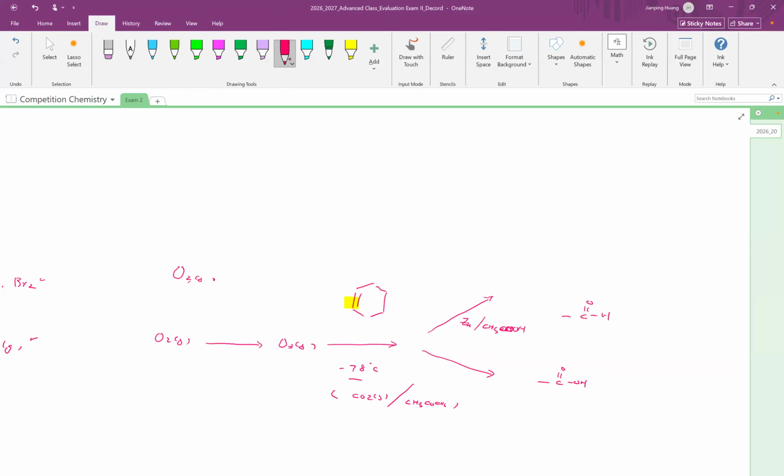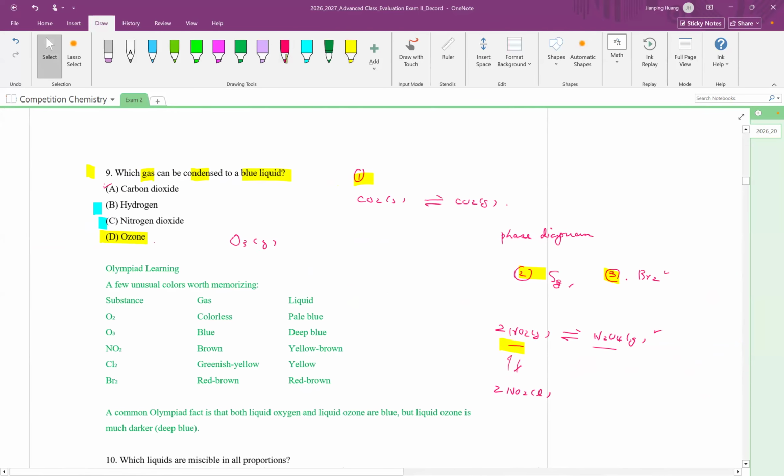What's significant? Before you had spectroscopy, this reaction was used to determine how many double bonds or triple bonds there are, where the double bond and triple bond are, and played a significant role in determining the structure of organic compounds. So ozone, yeah, that's the reason they choose ozone.